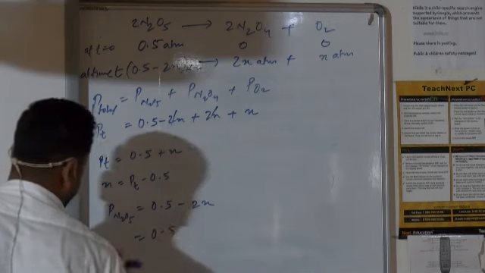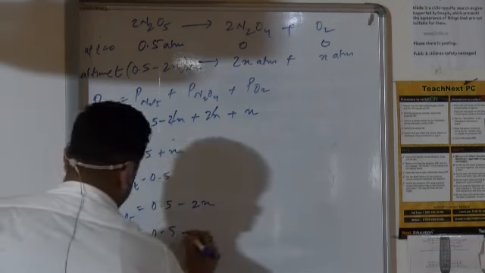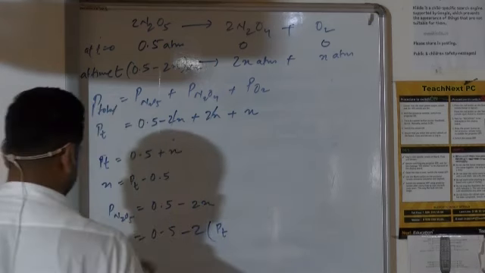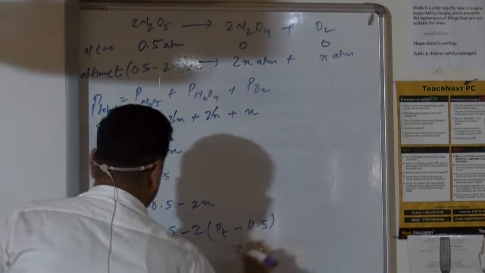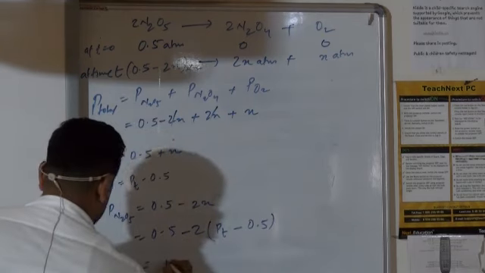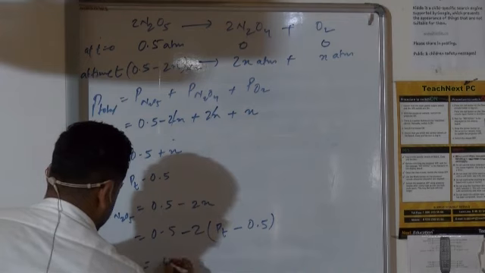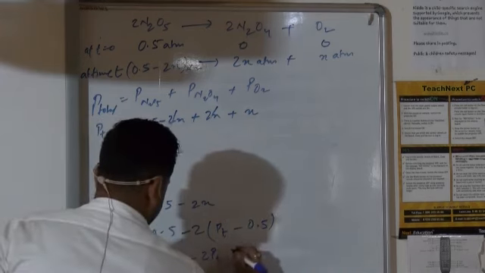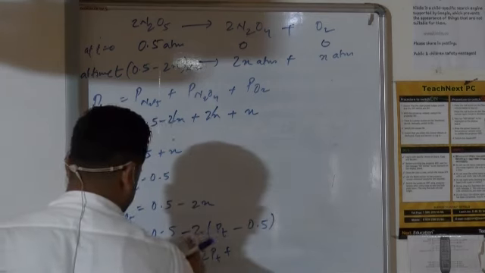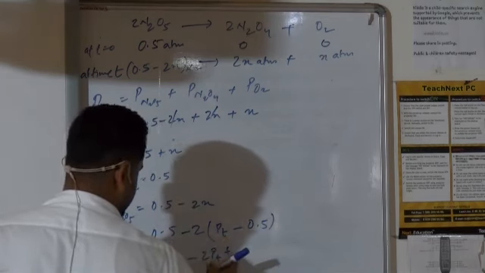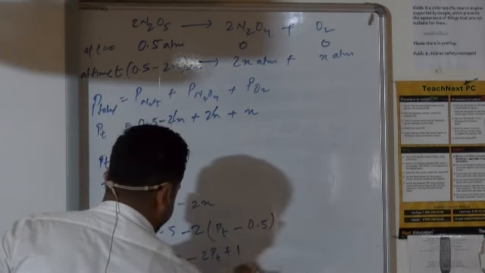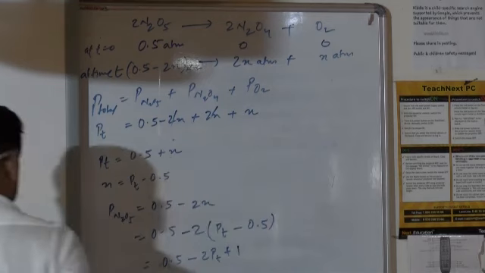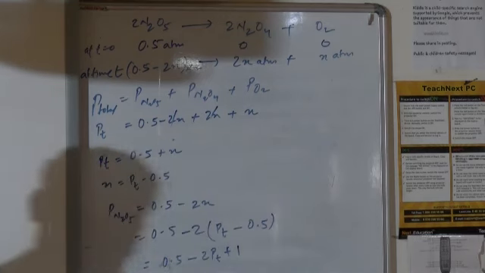So 0.5 minus 2 into PT minus 0.5, yes, so this is equal to 1. Minus into minus is plus, so this will be 1. So this will be 1.5 minus 2 PT.